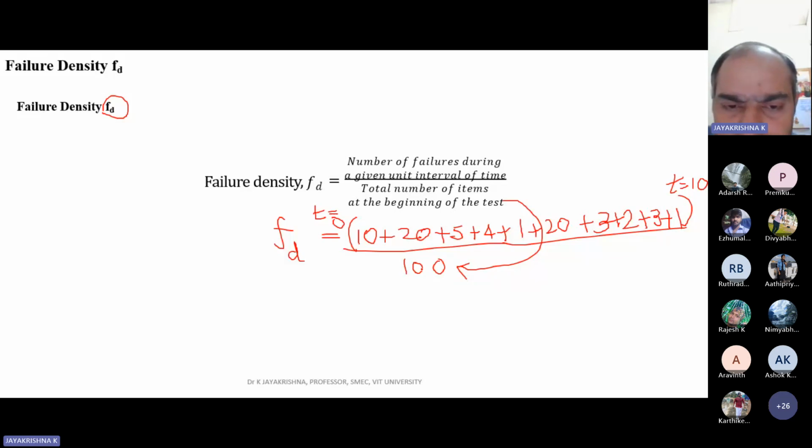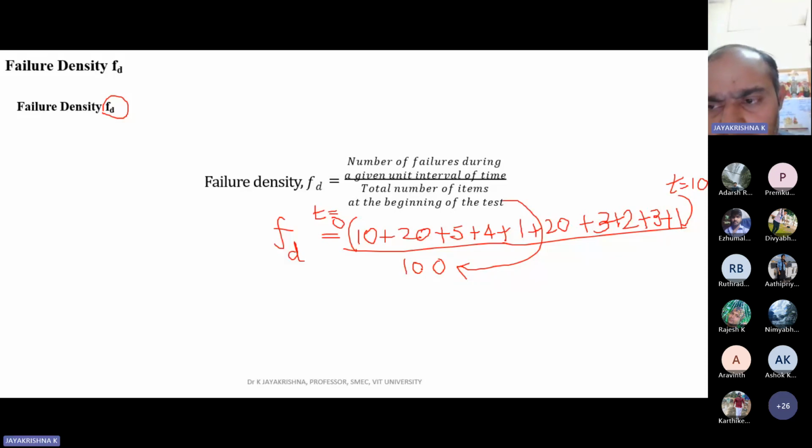Or should I repeat? In the given interval, I am going to conduct the test for 10 hours. In these 10 hours, every hour I have recorded the failures. I am telling you the initial number of components was 100. When I begin the test, there were 100 components.